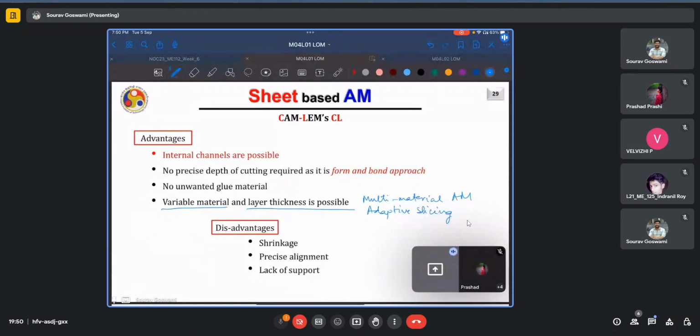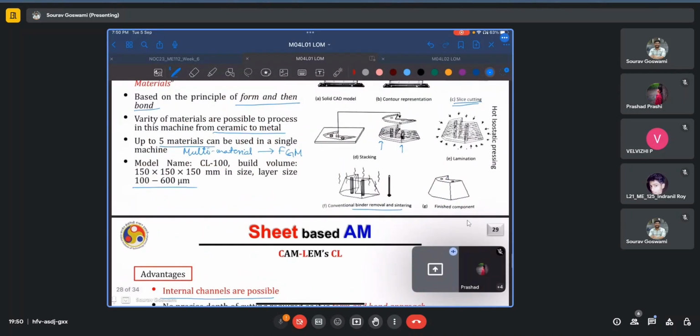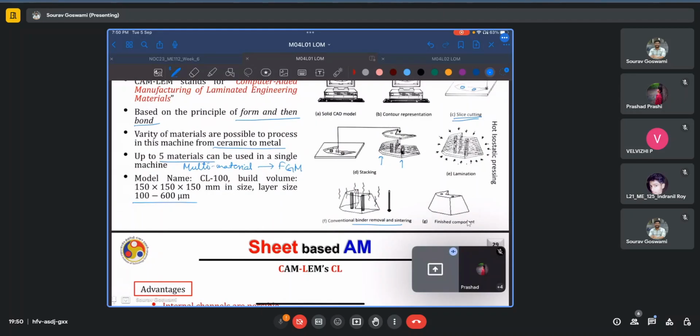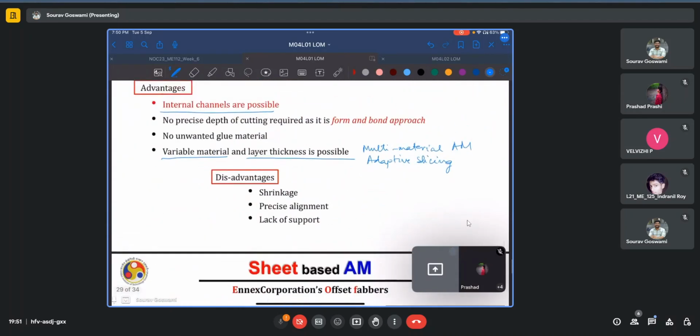The making of internal channels is possible, as we also saw in the example here. This cylindrical cavity can be considered to be some sort of internal channel, which also helps in the alignment process. The precise depth of cutting is not required as it is form and bond approach.